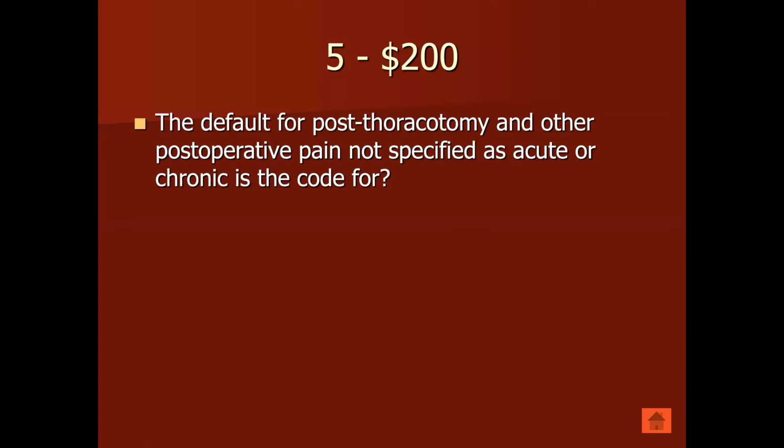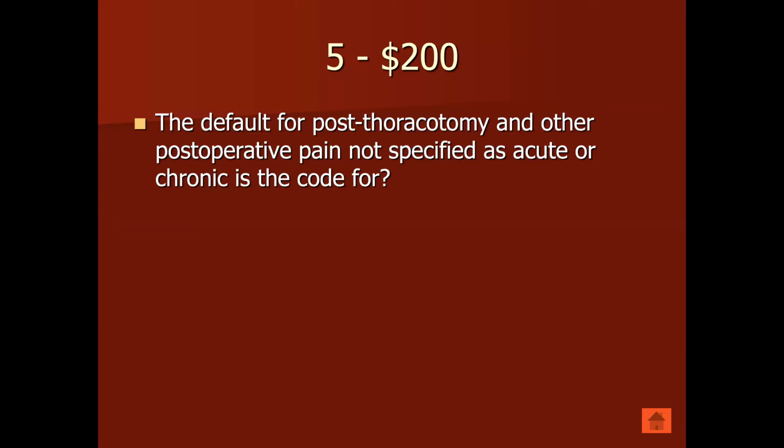It's my bad typing. So what should it say? It should say the default for the post-thoracotomy or other post-operative pain, not specified as acute or chronic, should be assigned which form of pain, I should say.